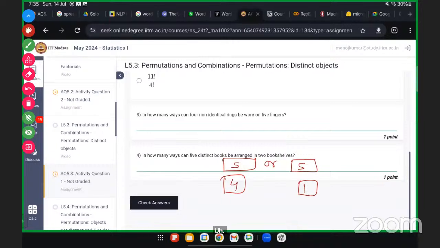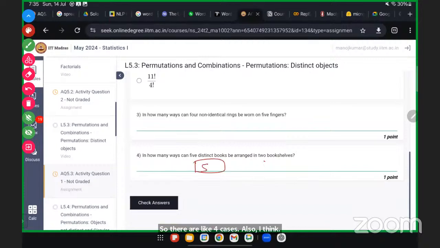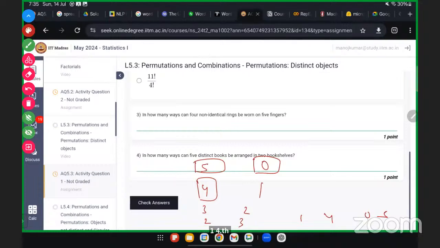So to arrange 5 books in these, there are about 6 cases: 5 here, 0 here; 4 here, 1 here; 3, 2; 2, 3; 1, 4; 0, 5. So let's say 3 cases, and then I can multiply by 2.